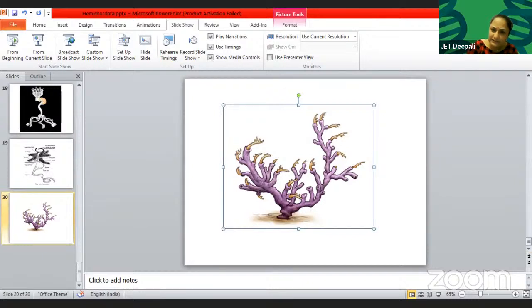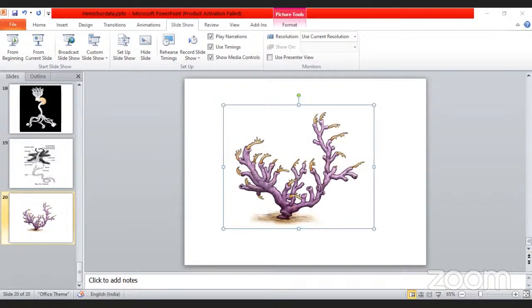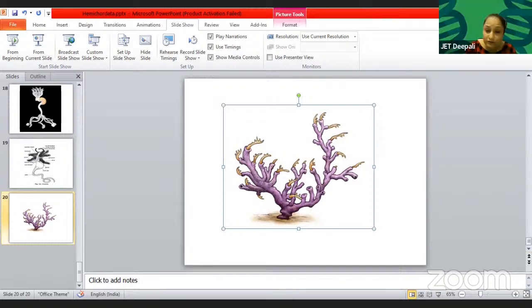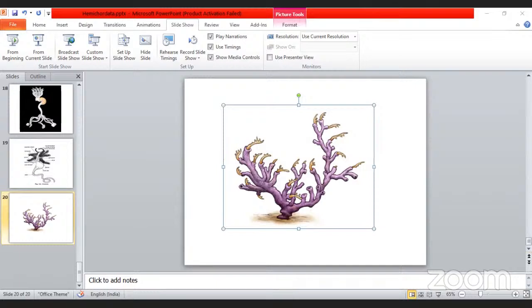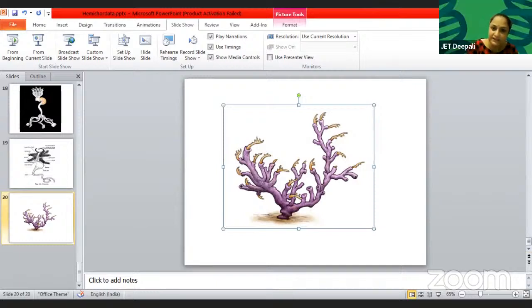Hemichordata includes 80 known species. No, ma'am. Okay, beta, let me stop the share and I will start the sharing again. Let's try this. Okay.